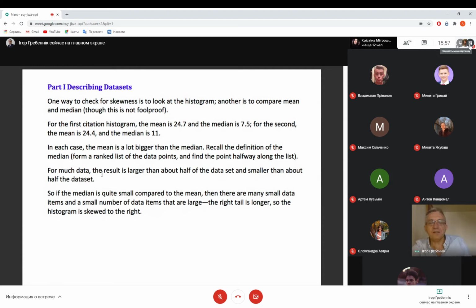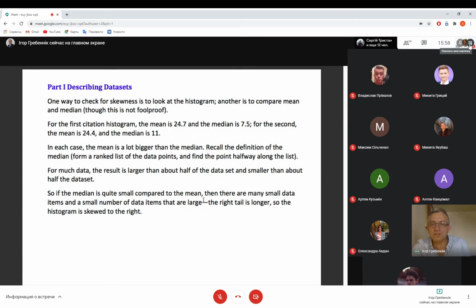For much data, the median is larger than about half of the data set and smaller than about half of the data set. So if the median is quite small compared to the mean, then there are many small data items and a small number of data items that are large.